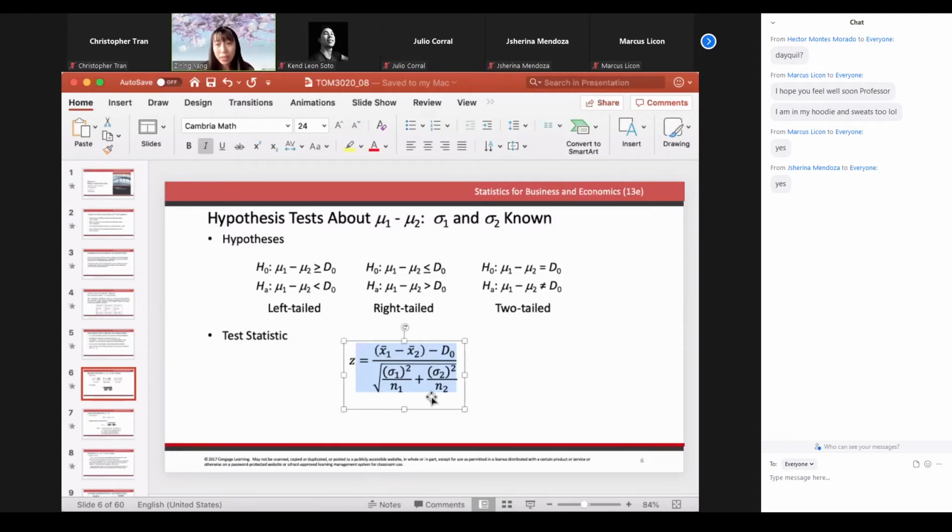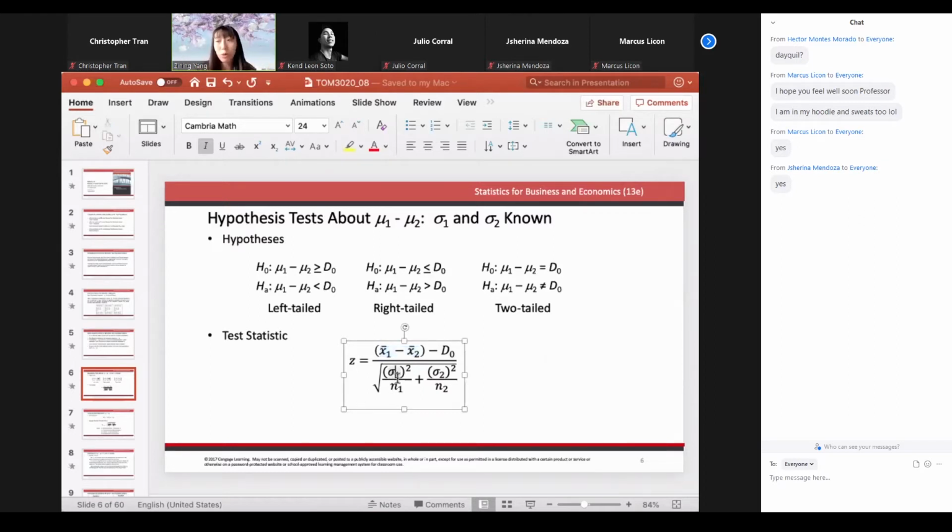Why does it look different? Last time it was simply sample mean minus population mean, divided by standard error. Today, when we have 2 samples, what we are doing is comparing the difference between sample means to the difference of population means. Not the exact mean, but the difference between 2 means. That's the numerator.